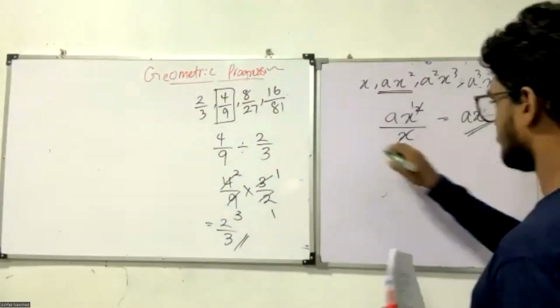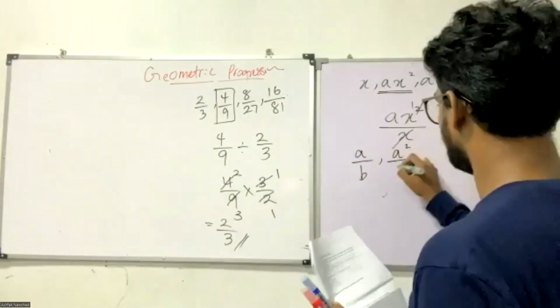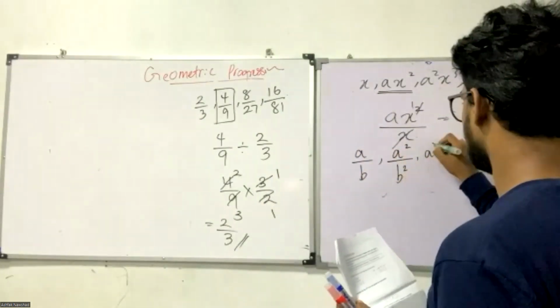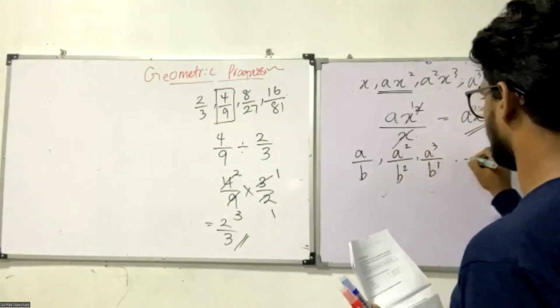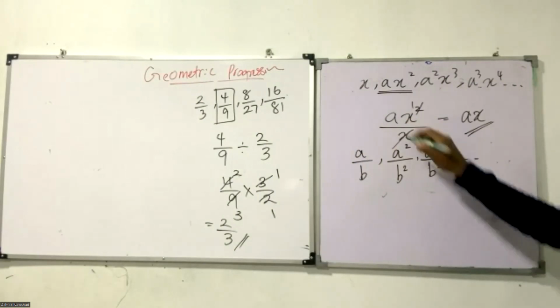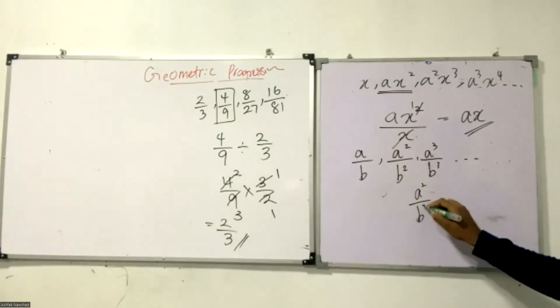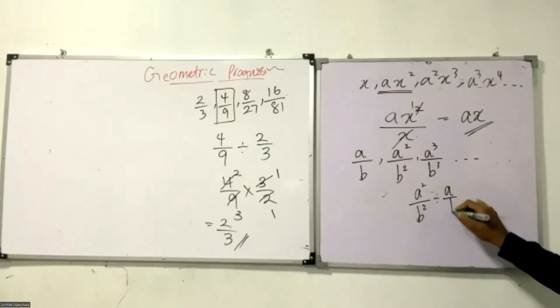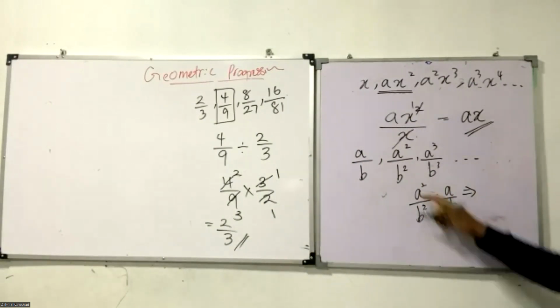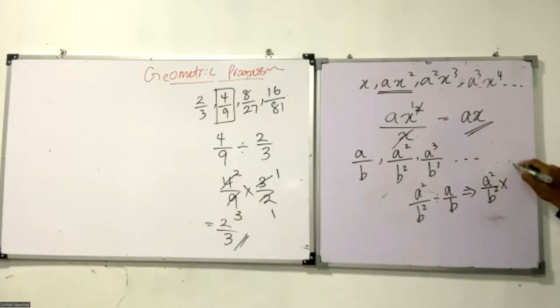And the final one: a over b, a squared over b squared, a cubed over b cubed, likewise. Like I said, choose something simple. Let's choose a squared over b squared and divide it by a over b. So a squared over b squared gets multiplied by b over a.